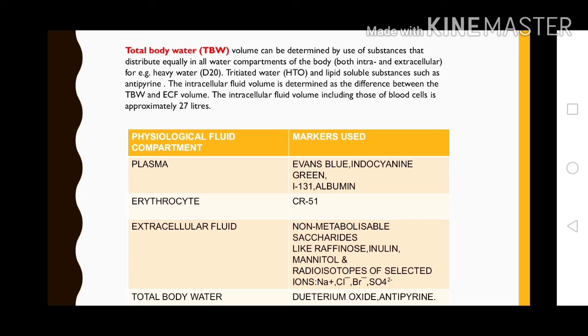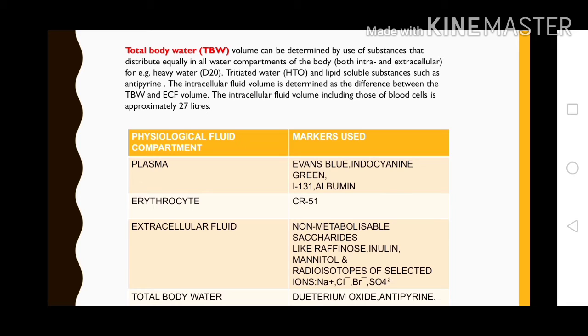Here we can see a table which gives information on the physiological fluid compartments and the markers that are used. Before that we need to know the total body water volume. It is determined by the use of substances that distribute equally in all water compartments of the body.